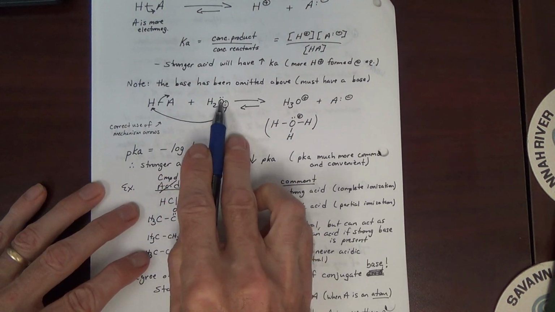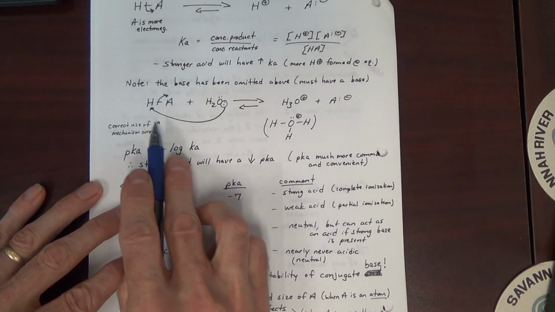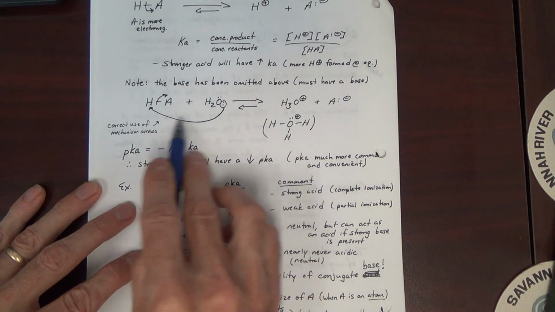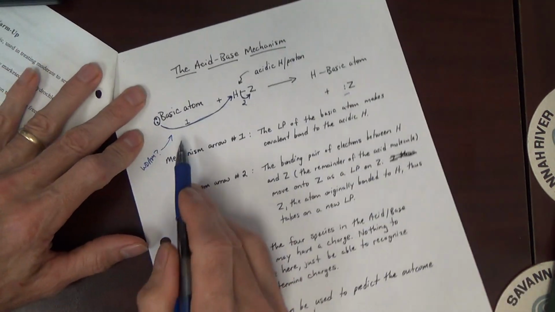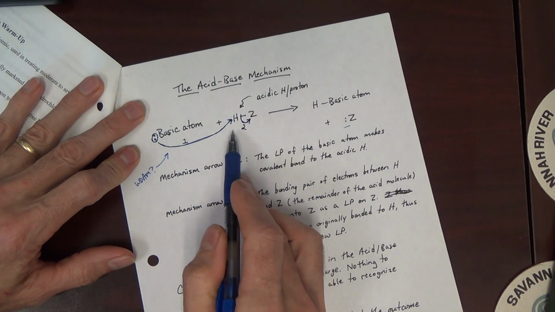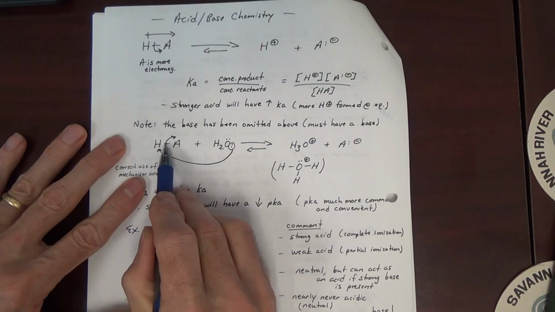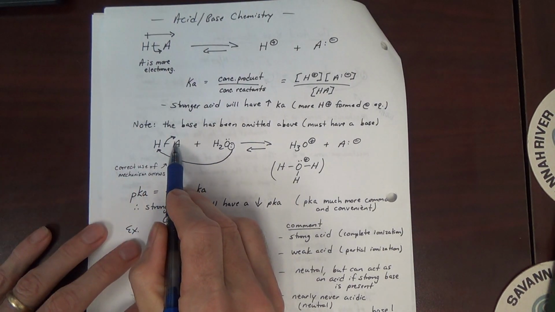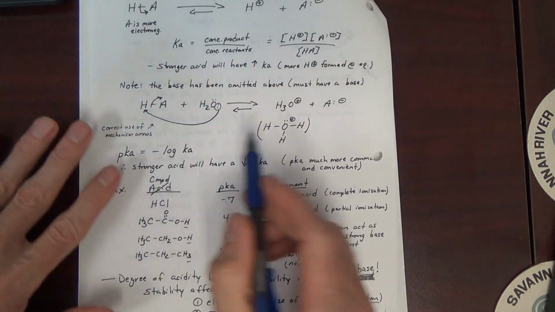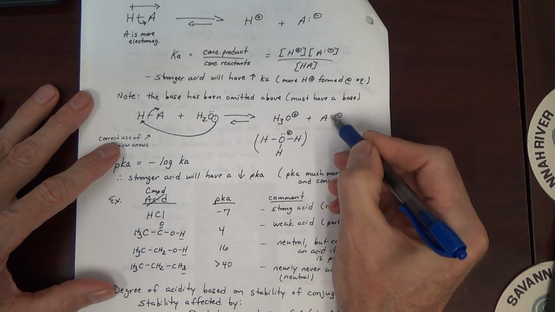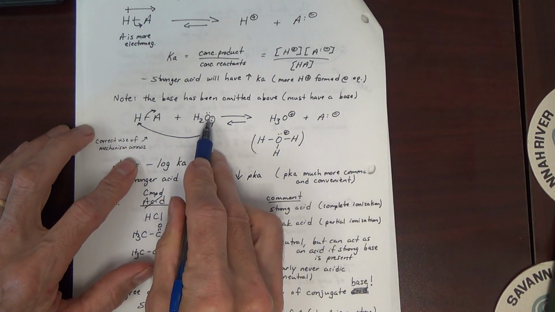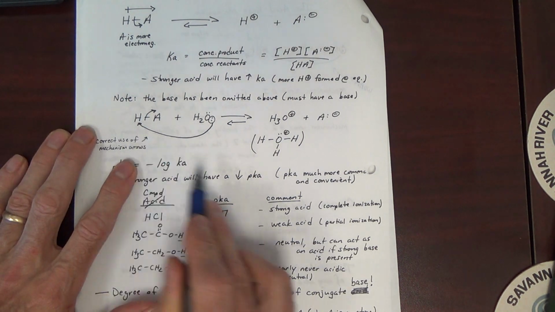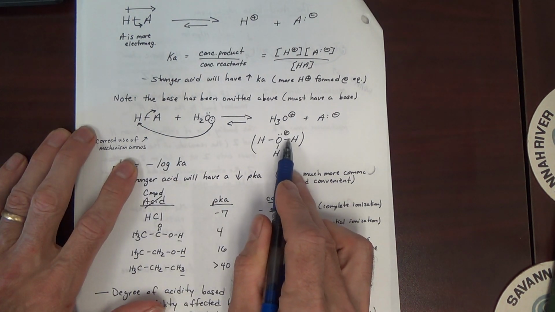Now down here I show water acting as a base. Here's our acid-base mechanism. Lone pair takes H. Lone pair takes H. These electrons move on to Z. These electrons move on to A. A or Z, same thing. That lone pair came from that arrow movement, and oxygen is making a third bond to H. Now you see oxygen with 3 bonds.